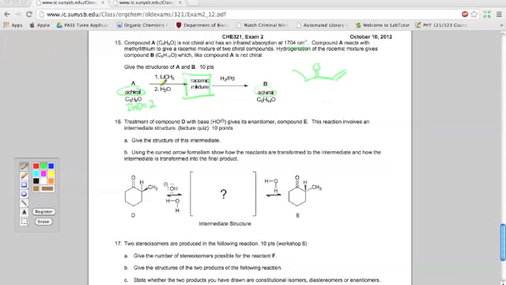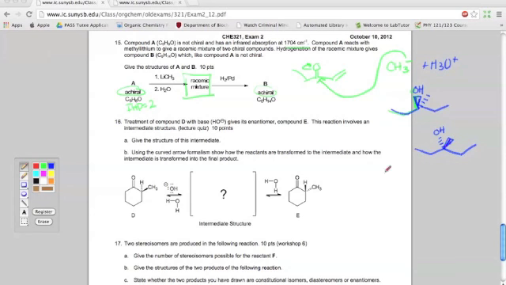And when it reacts with LiCH3, which is basically just a CH3 minus, it's going to come in and attack that carbonyl and push it up, and you're going to get a racemic mixture. So when I attack with that methyl group and add H3O+, I'm going to get a racemic mixture because there's no way to control it.